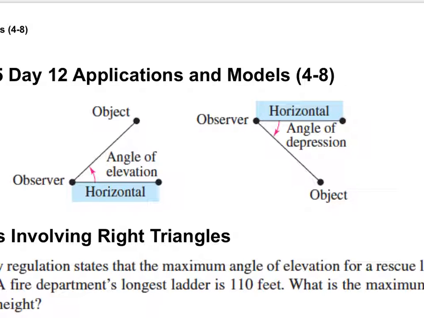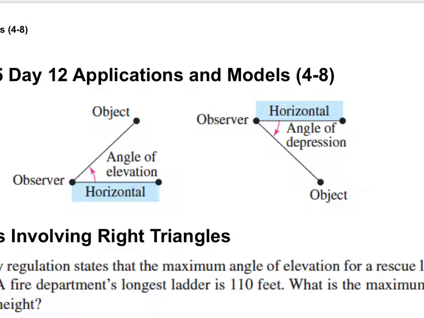So we might be on the ground looking at something, or we might be here on the second floor looking out at the football field below us, okay? And really these two angles are talking about the same angle, as we'll see in a moment. It's just a matter of your perspective, okay?